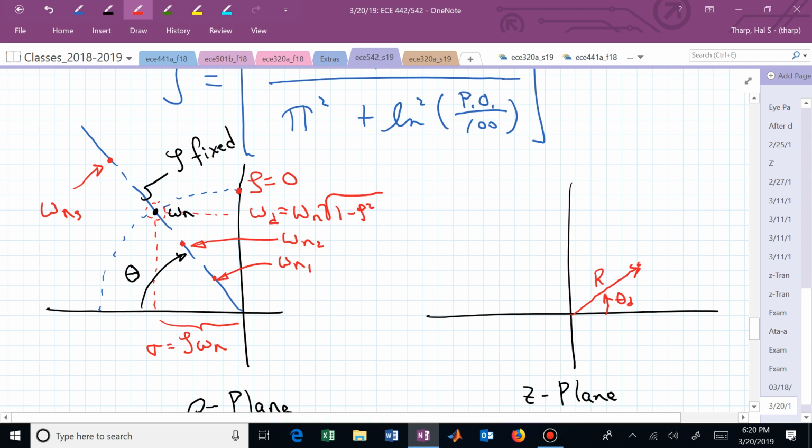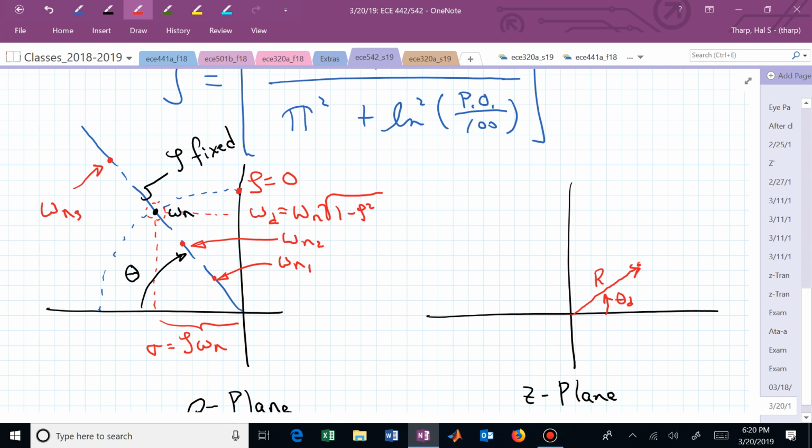If we now change omega sub n's, where do we live in the z-plane? If we were doing frequency response, here's another way of asking the same information. Where did that put us in the z-plane? If we're on the imaginary axis in the s-plane, where are we in the z-plane? On the unit circle.